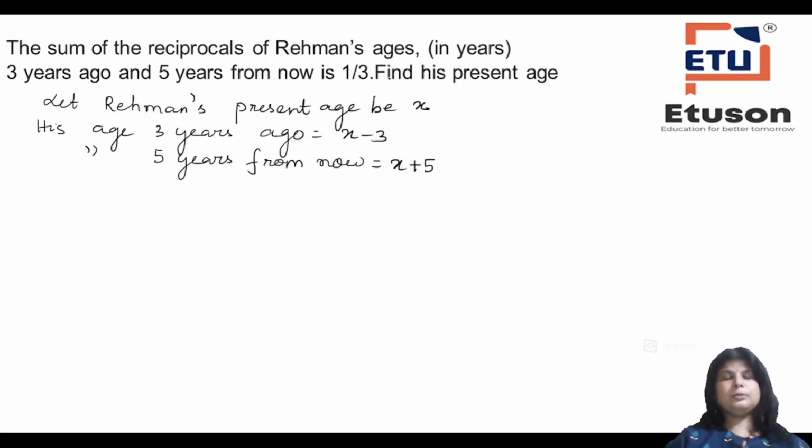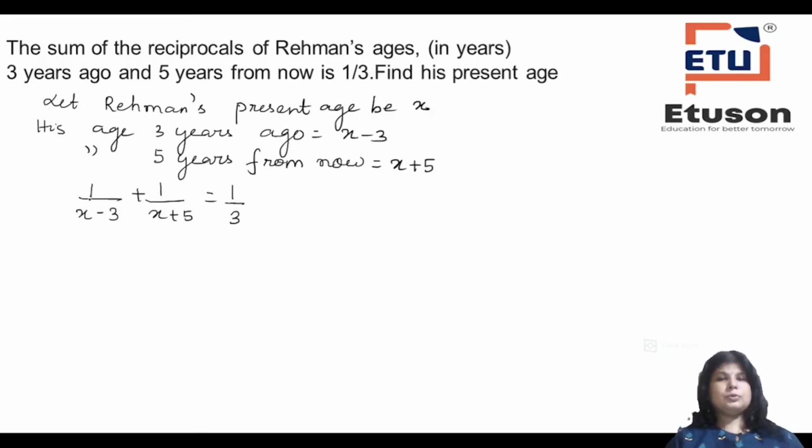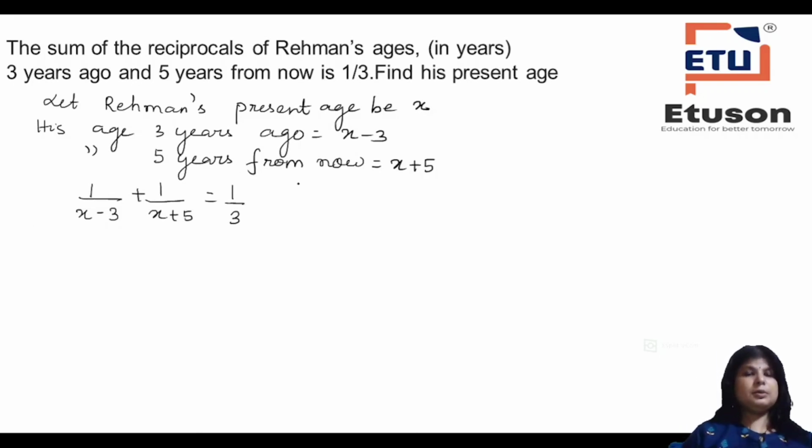So now according to the question, the reciprocals of these ages, that is 3 years ago and 5 years from now, when added, become 1 by 3. So that is 1 divided by x minus 3 plus 1 divided by x plus 5 is equal to 1 by 3. Just like in the previous example, we have solved this kind of problem.